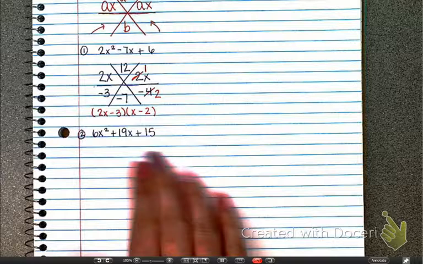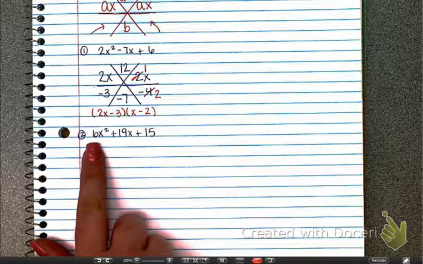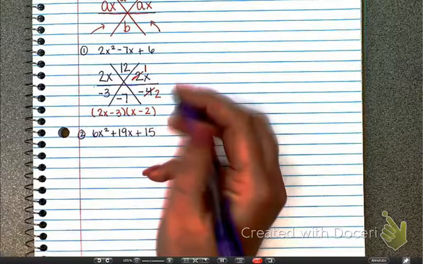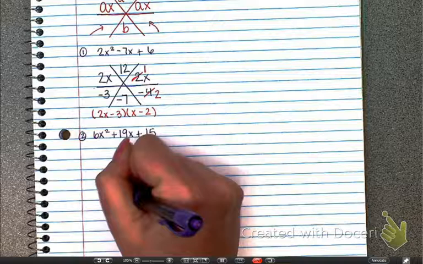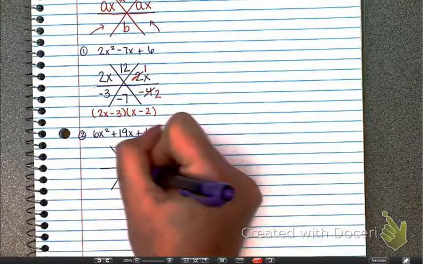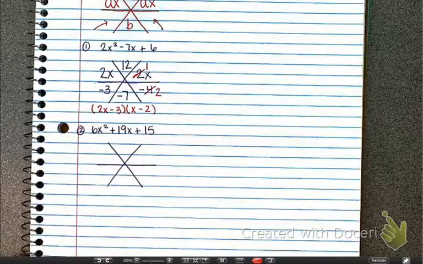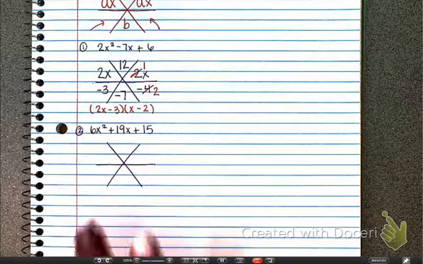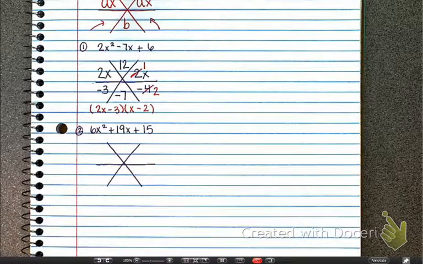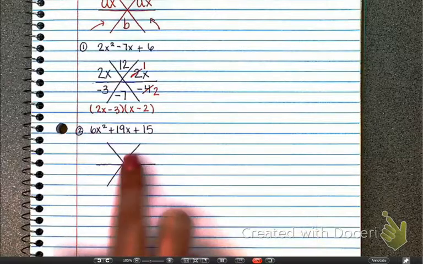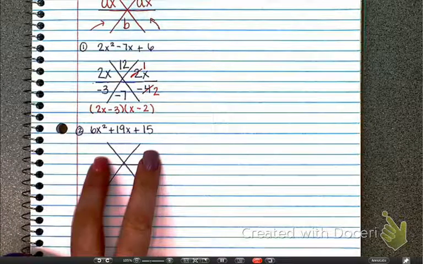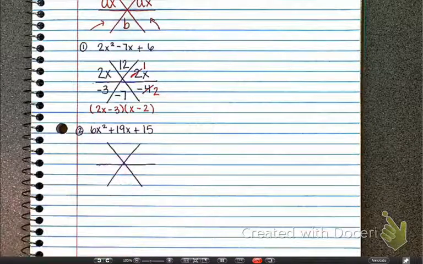There is no GCF. My A is greater than 1, so I use the super X. I want you to fill in the super X with just the information we know. I don't want you to find the factors. So I basically want you to find the top and bottom and the top here. Just fill it in real quick and see if you understand how to fill it in.